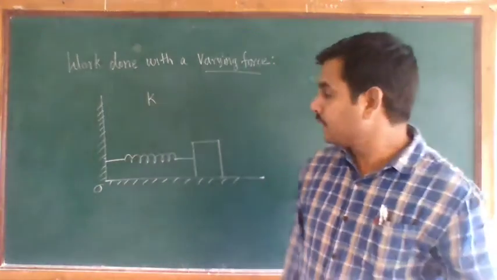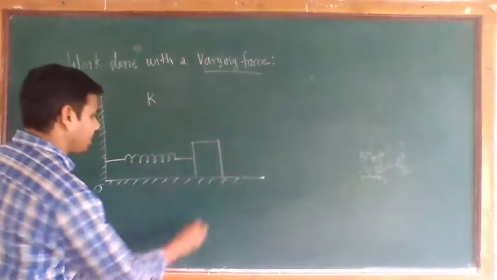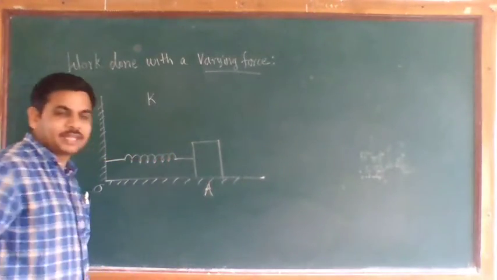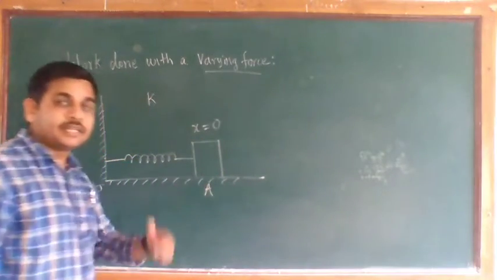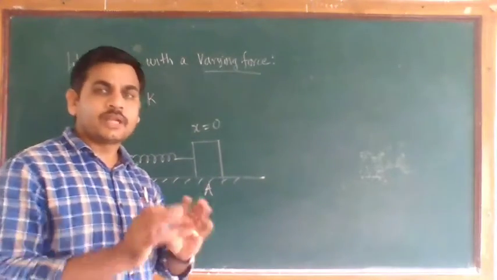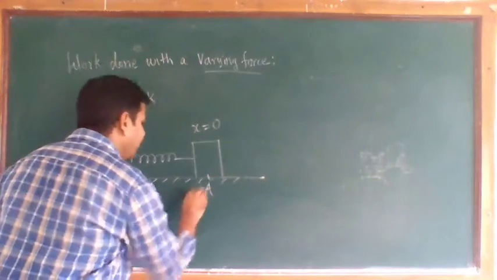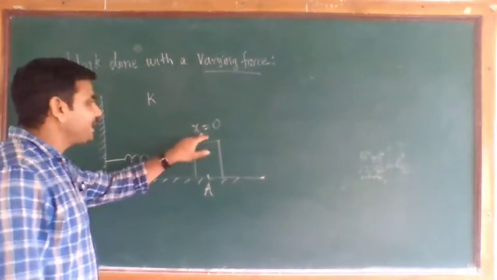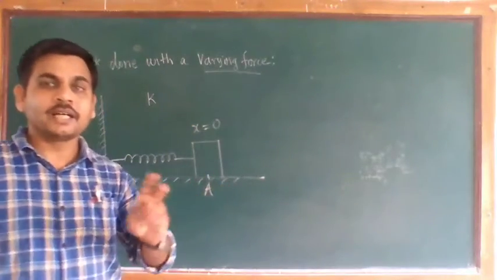Here we can define the positions. I can mention this point A, which is the rest condition, or the natural condition. In that natural condition, the spring is at its natural length, at x equal to 0.